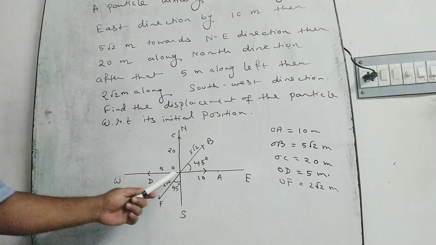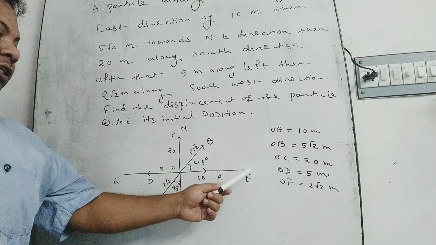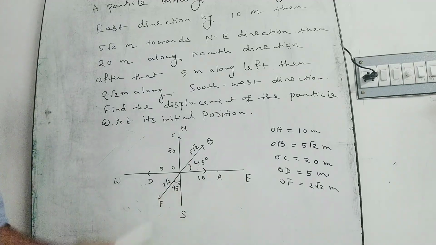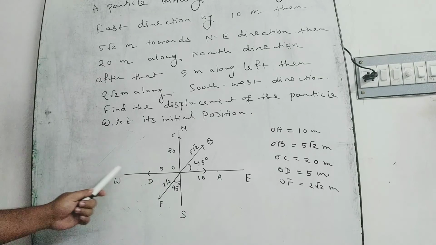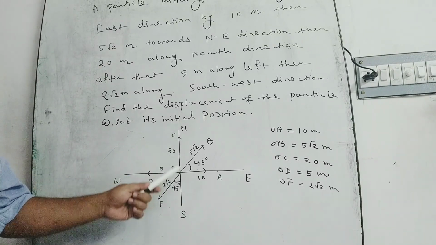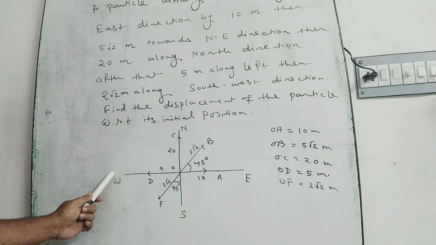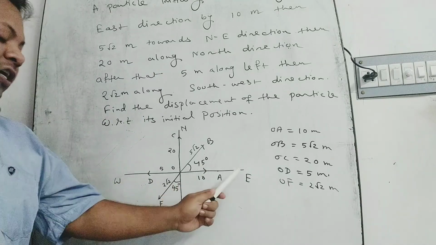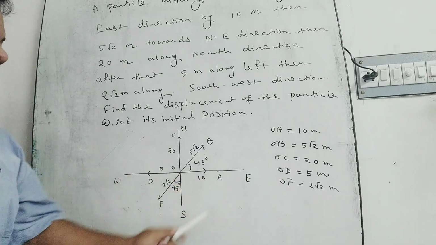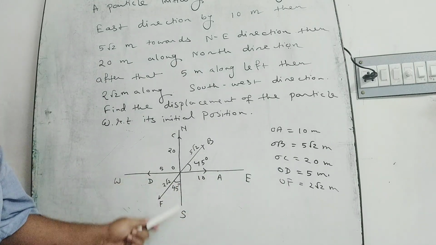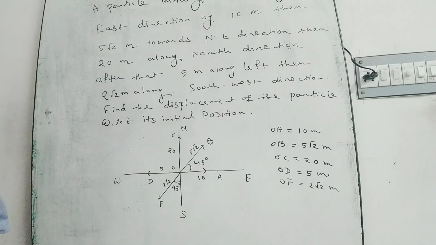Here O is the initial position, OE denotes towards east, OW denotes towards west, ON denotes towards north, and OS denotes towards south. That is, here WOE is along the X'OX axis and NOS along the Y'OY axis respectively.